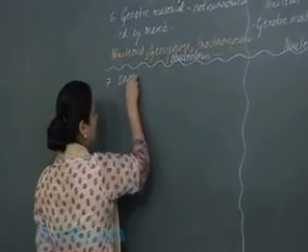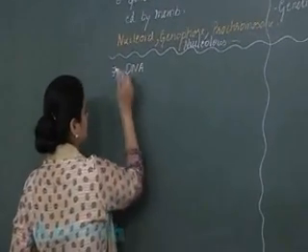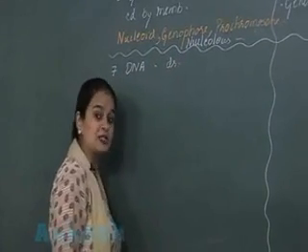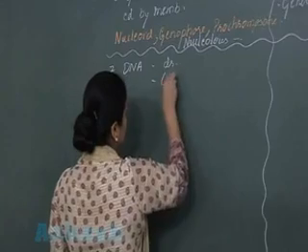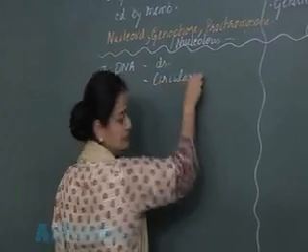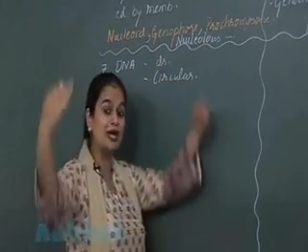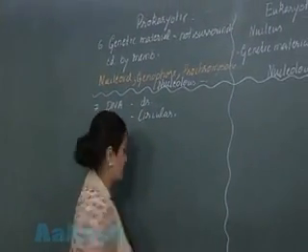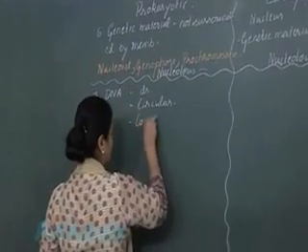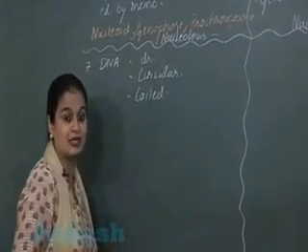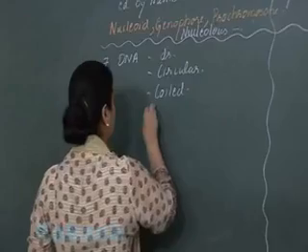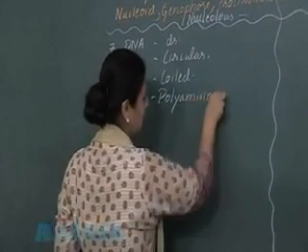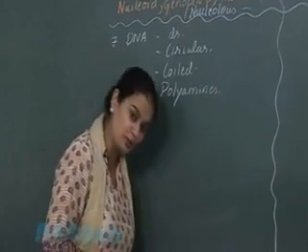Now let's see the condition of the genetic material in the prokaryotes. The DNA present in prokaryotes is double stranded, that is dsDNA, and this DNA is circular. Circular means the two ends of the DNA are joined. DNA is closed. This DNA is coiled, and the proteins which help in coiling are polyamines, right?